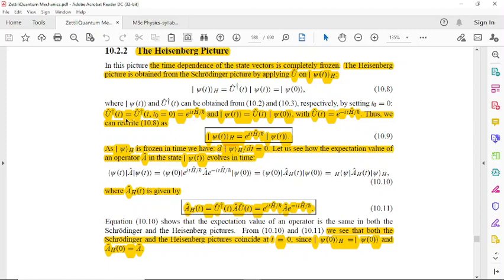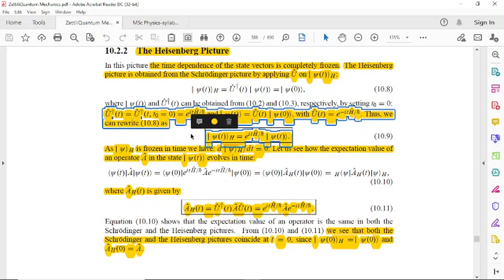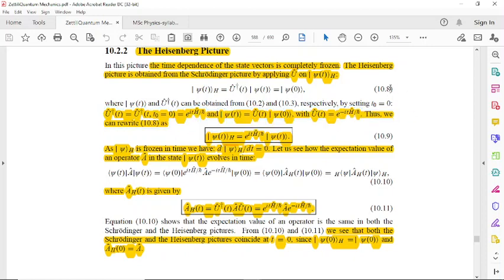U dagger of t equals e power iHt by h cross, and ket psi of t is equal to U of t ket psi of 0, with U of t equal to e power minus iHt by h cross. Therefore we can write ket psi of t in the Heisenberg picture is equal to e power iHt by h cross ket psi of t. As ket psi H is frozen in time, we have d by dt of ket psi H equal to 0.